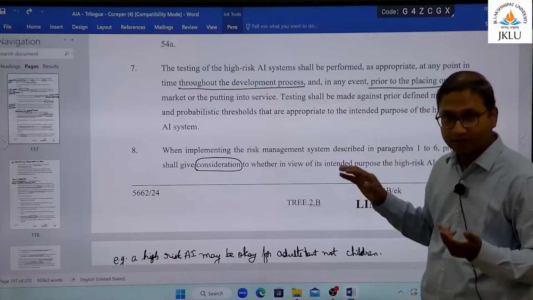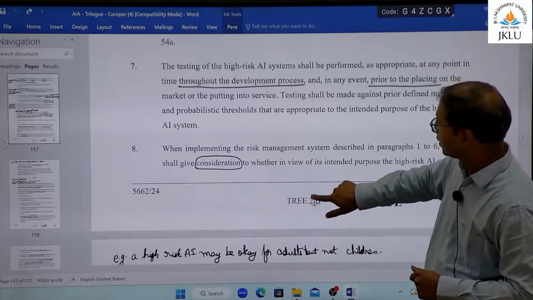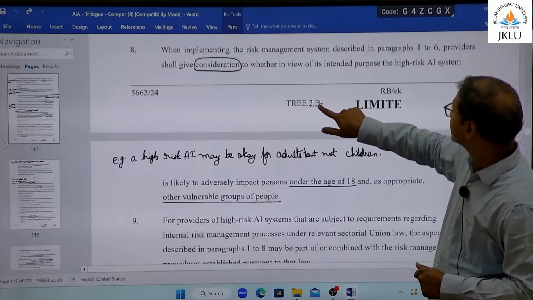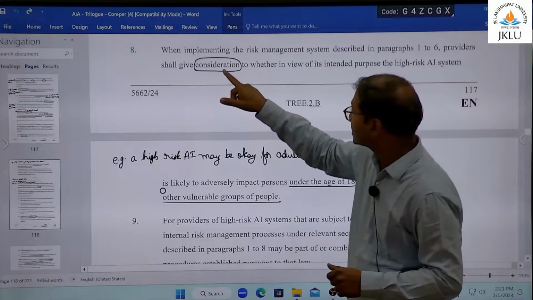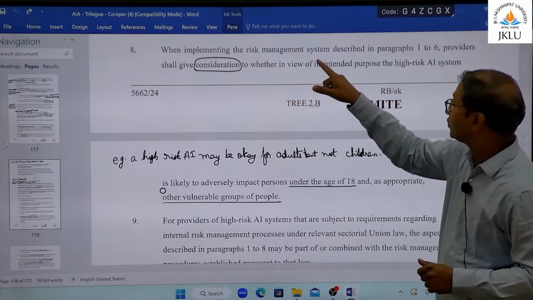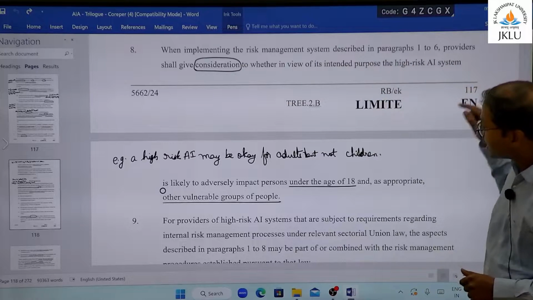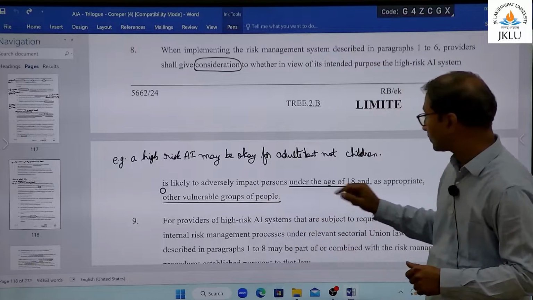Now testing shall be made against prior defined metrics and probabilistic thresholds that are appropriate to the intended purpose of the high risk AI system. When implementing the risk management system described in 1 to 6, providers shall give consideration to whether, in view of its intended purpose, the high risk AI system is likely to adversely impact persons under 18.